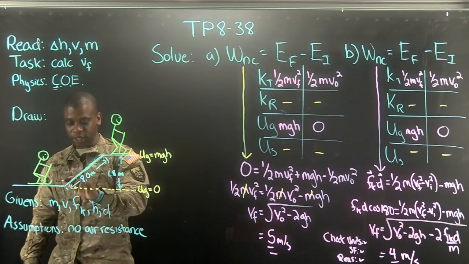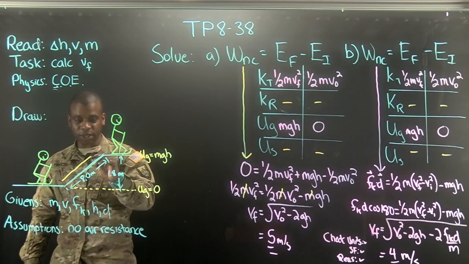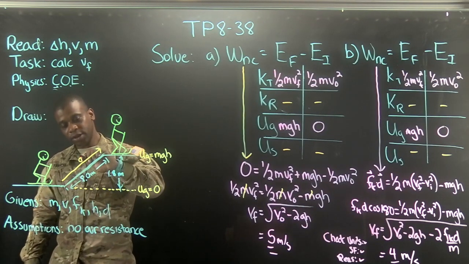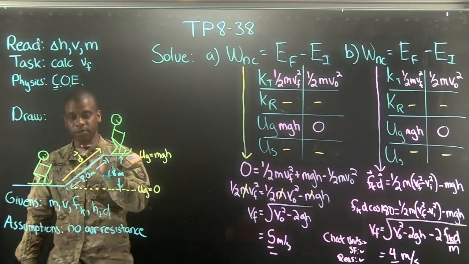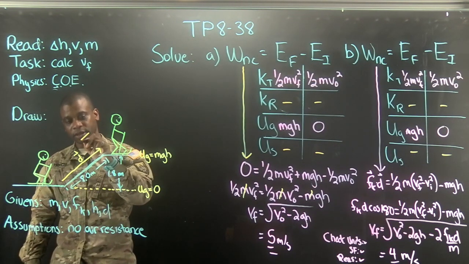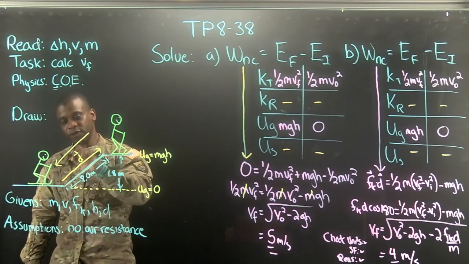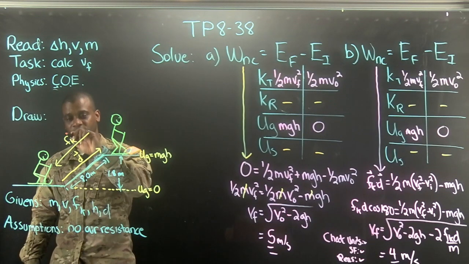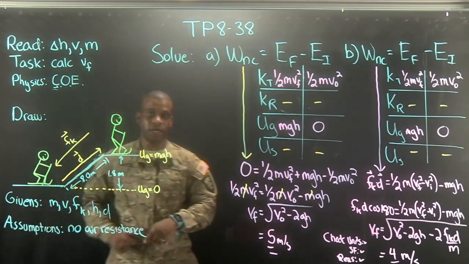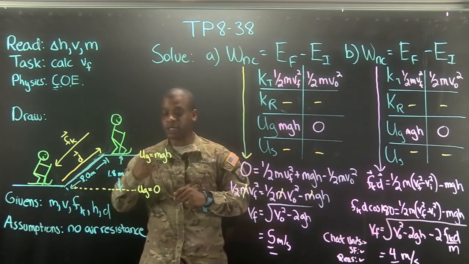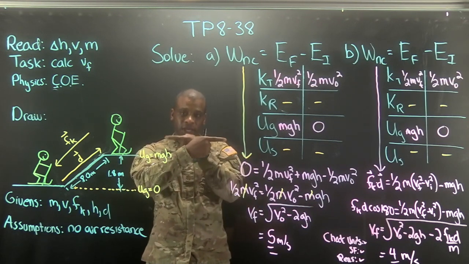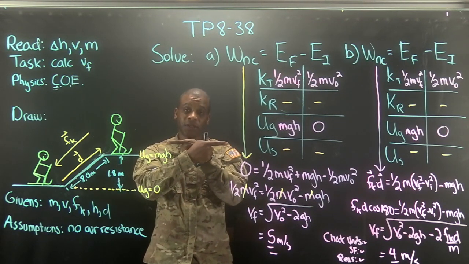When the skier displaces up the slope, the vector of that displacement is going up the slope. The vector for the force due to kinetic friction opposes that motion and goes in the opposite direction. So the angle between the displacement and the force due to kinetic friction is 180 degrees.